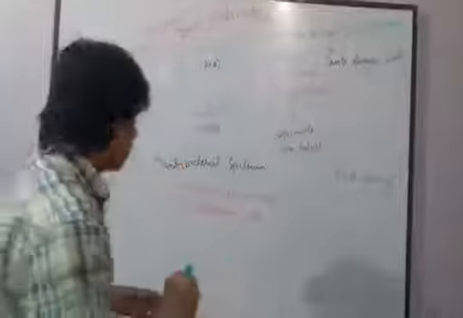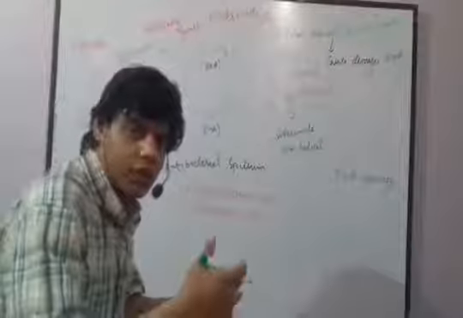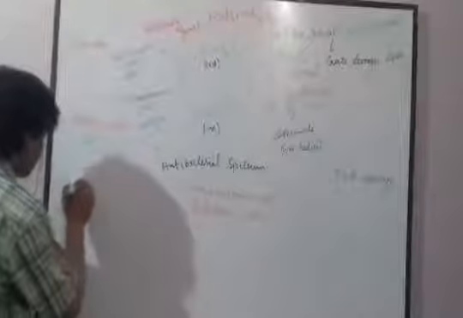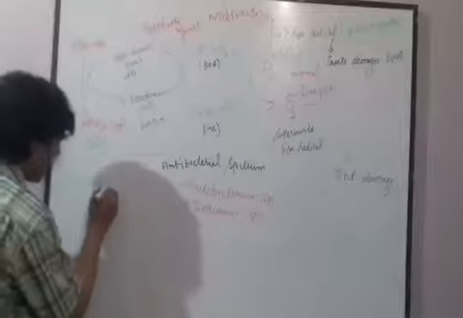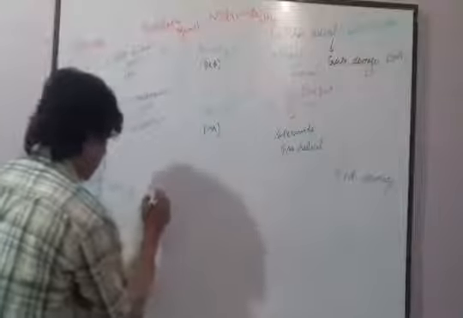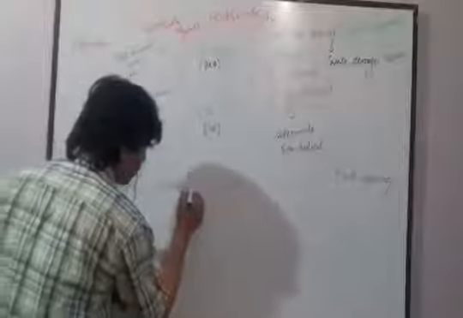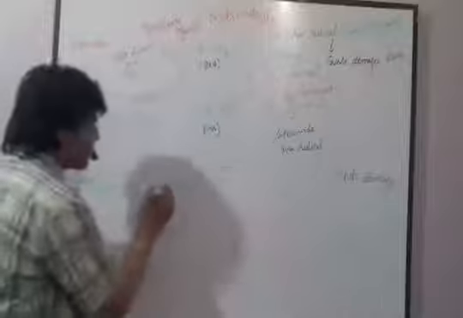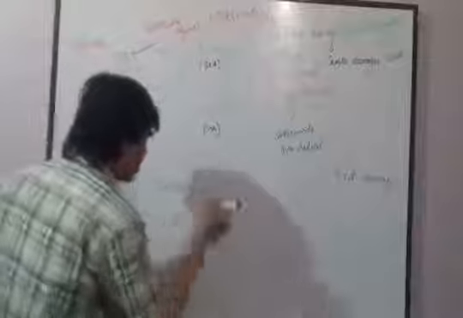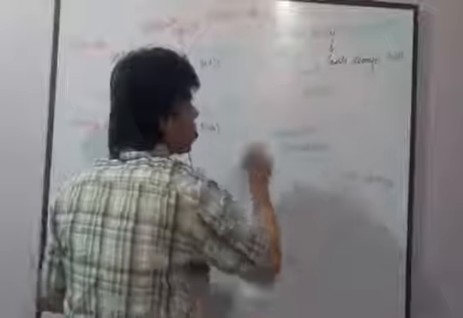Now let me talk about the first resistance which is activated against this drug. Not always, but sometimes the resistance will be activated. This will be the production of antioxidant. What does this antioxidant do? This antioxidant comes and attaches to this lone pair.